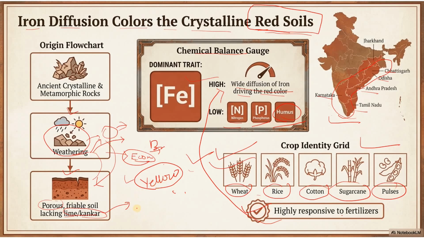And inceptisols and ultisols are the USDA soil orders that come in similarity with the red soil.